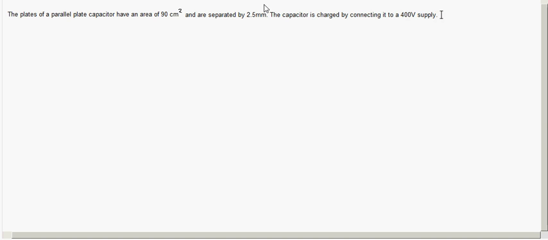How much electrostatic energy is stored by the capacitor?